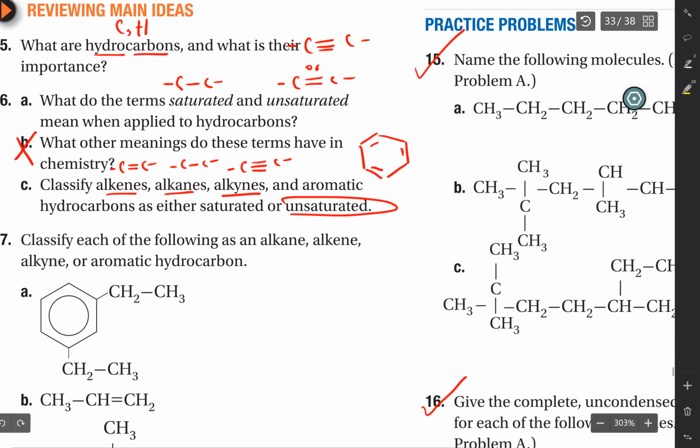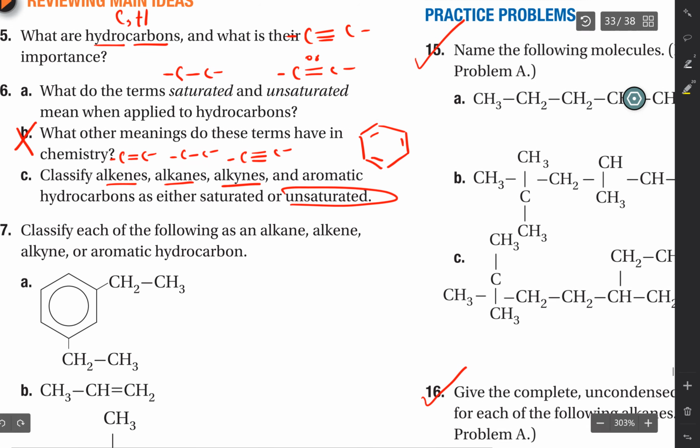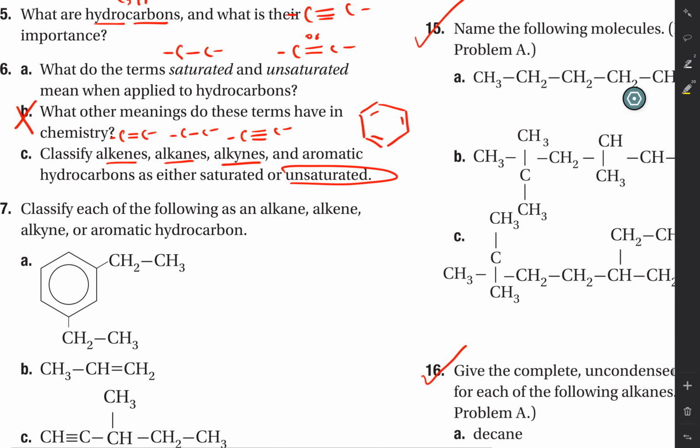Question number 7. Classify each of the following as an alkane, alkene, alkyne, or aromatic hydrocarbon. This is a pretty easy question. Part A, you can see that we have a benzene ring here, so this one is an aromatic hydrocarbon.